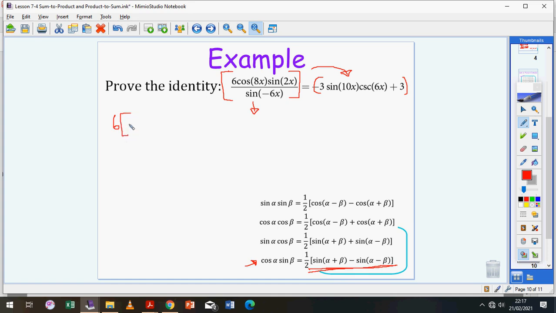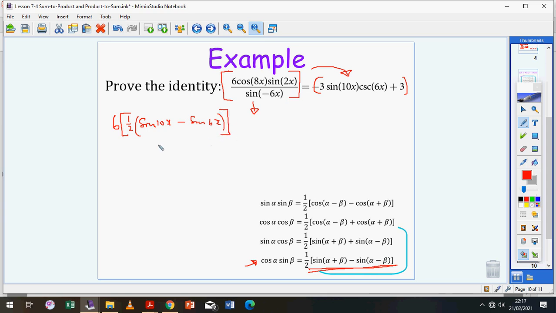Then the half goes on the inside, times sine sum of the angles, which is 8 plus 2, that's 10x, minus sine difference of the angles, 8 minus 2 is 6x. Okay, that is the numerator alone.